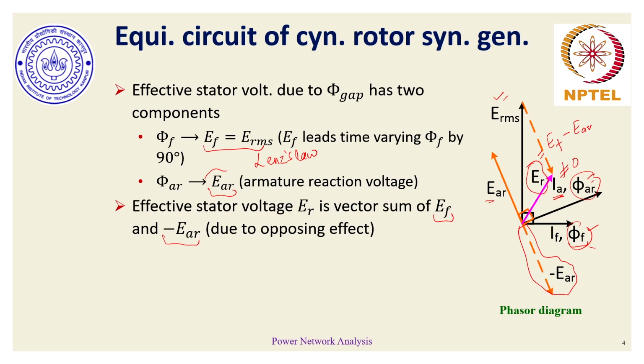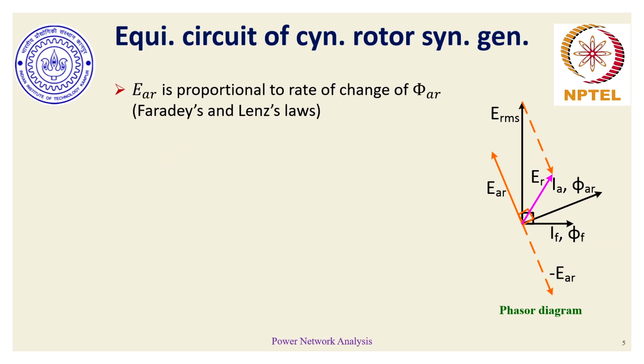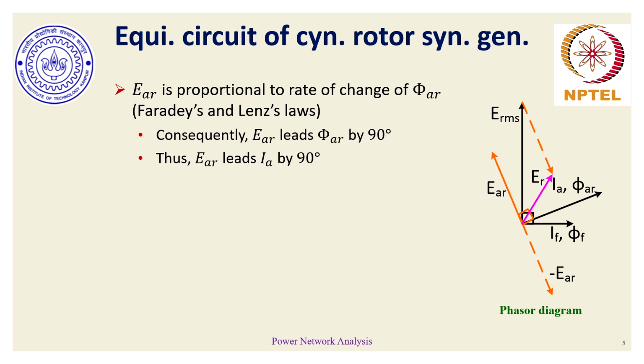Please remember, these are all vectors or phasors. They are not simple scalar quantities. As I have already mentioned, phi AR will be in collinear or in phase with the stator current, being the majority component. So essentially, the armature reaction voltage leads the armature current by 90 degrees. This lead of voltage with respect to current can be represented through an analogous inductive circuit.